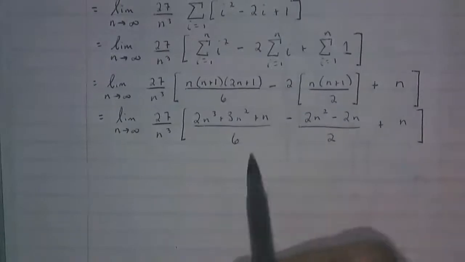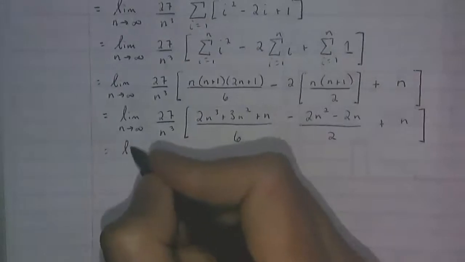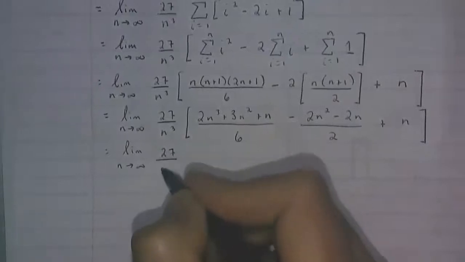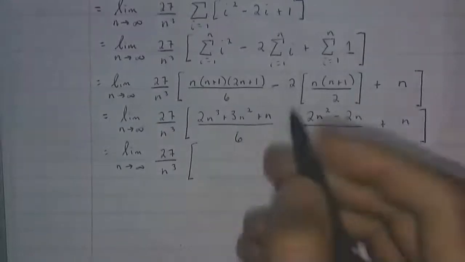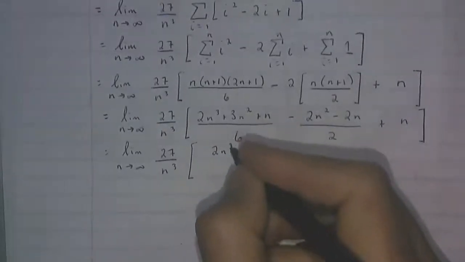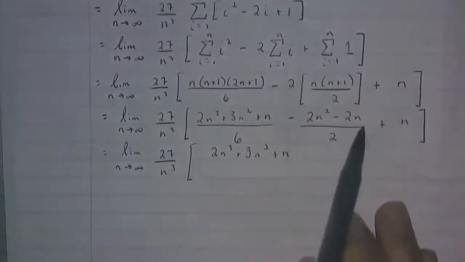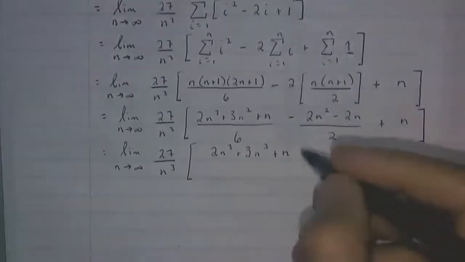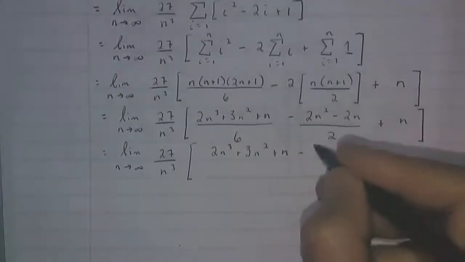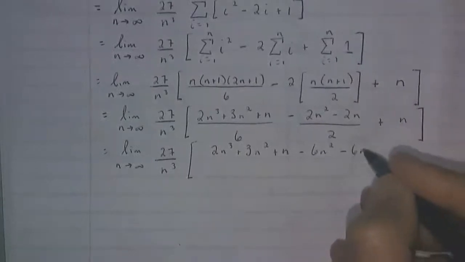So we need a common denominator of 6. And so this will become the limit as n approaches infinity, 27 over n cubed times this: 2n cubed plus 3n squared plus n. This guy needs to get hit with a 3 over 3, and so this becomes negative 6n squared. This becomes negative 6n.